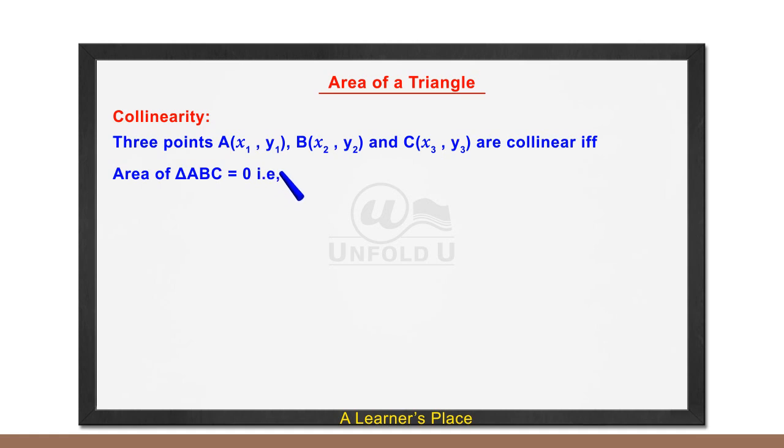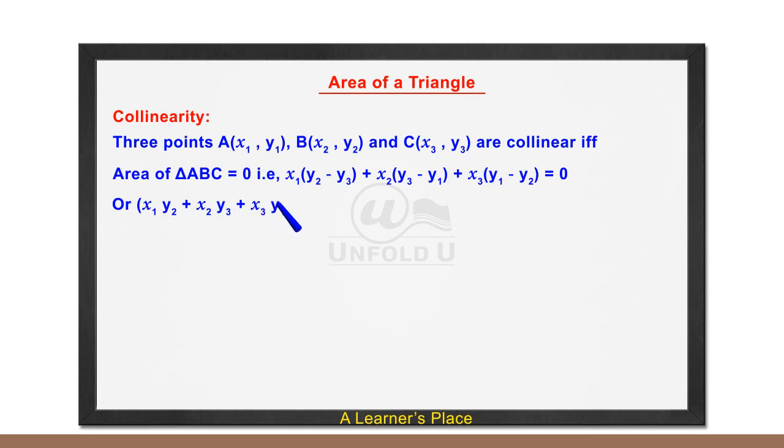That is, x1 into (y2 minus y3) plus x2 into (y3 minus y1) plus x3 into (y1 minus y2) is equal to 0. Or (x1 y2 plus x2 y3 plus x3 y1) minus (x2 y1 plus x3 y2 plus x1 y3) is equal to 0.